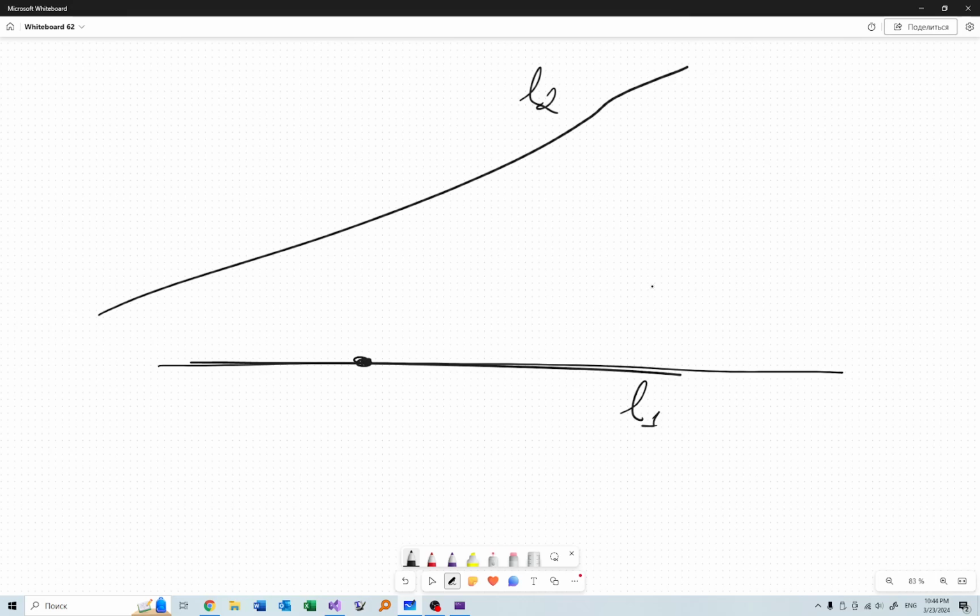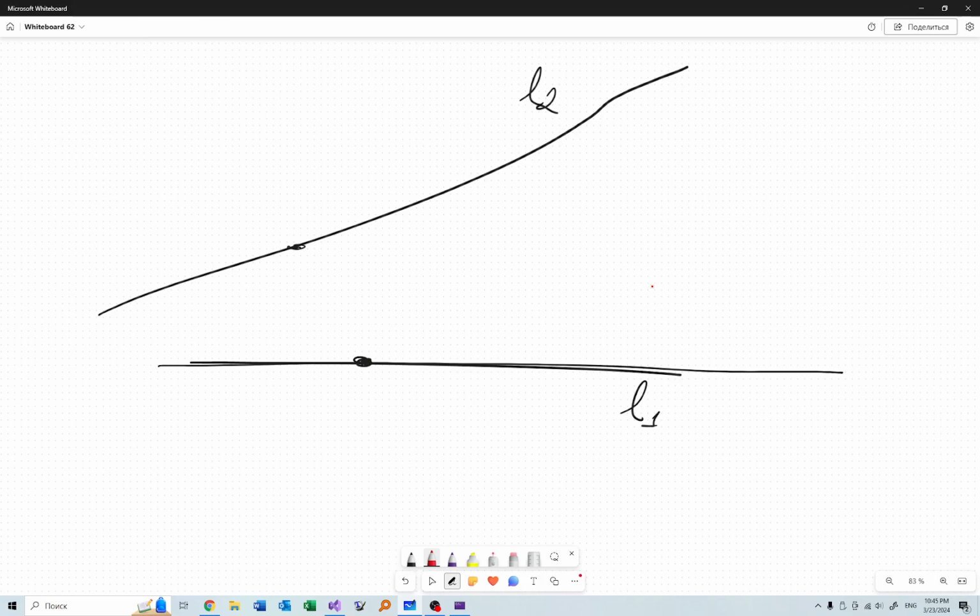And we have some vector, which actually looks like this usually.